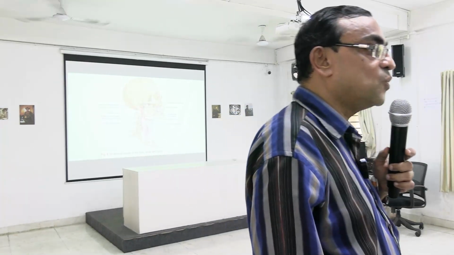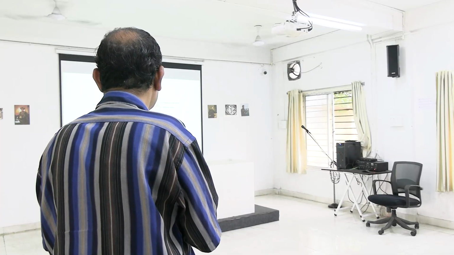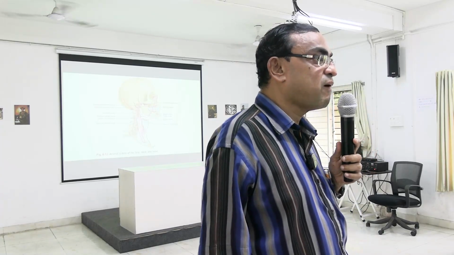So there is no chance of wear and tear, that is why the facial vein is straight. Ultimately it gives so many branches, lower labial, upper labial branch, and ultimately it ends with supraorbital and supra.